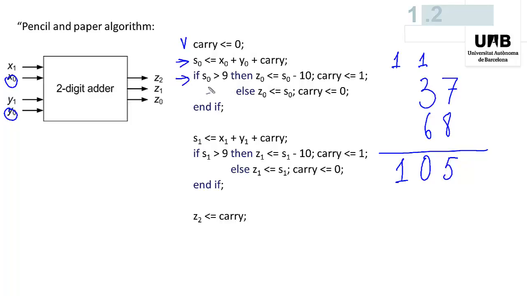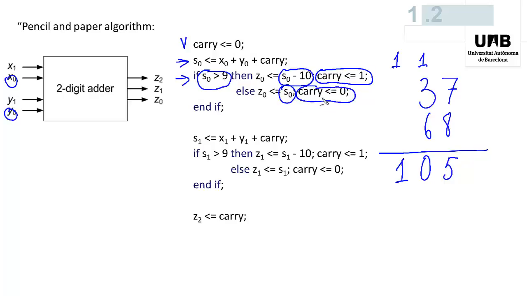Then, if the result of the sum is greater than 9, I must subtract 10 and put the carry that will be sent to the next step equal to 1. In the contrary case, S0 is the output digit corresponding to this first step of the computation, and the carry sent to the next step is equal to 0.